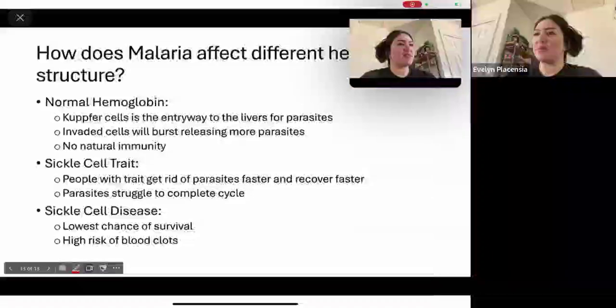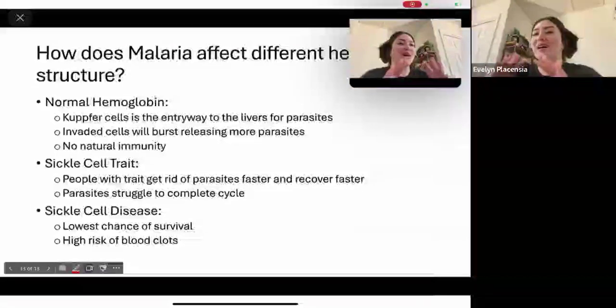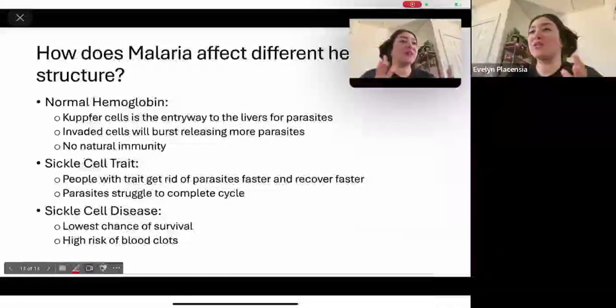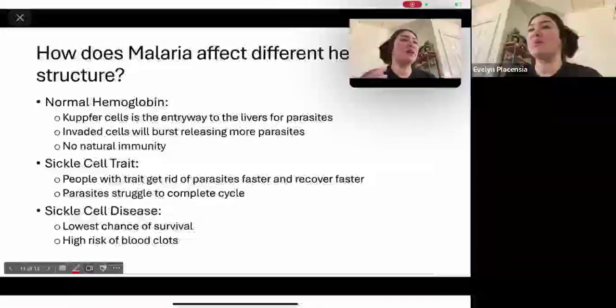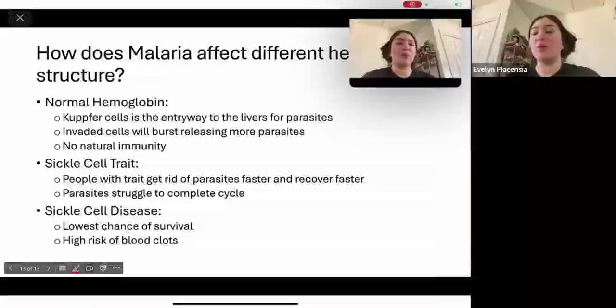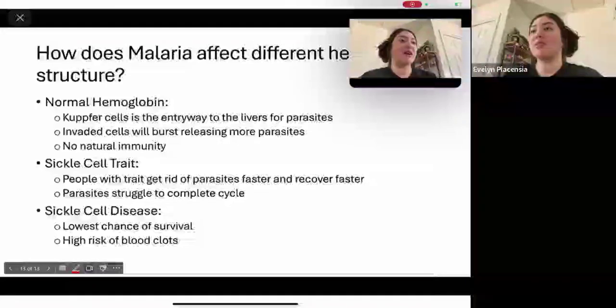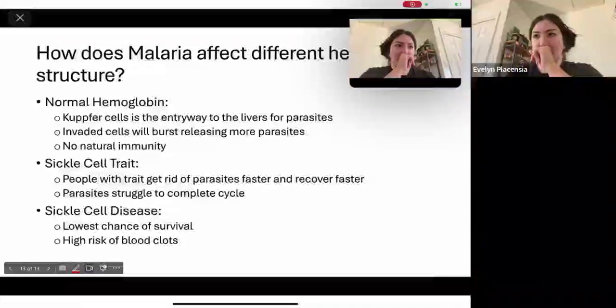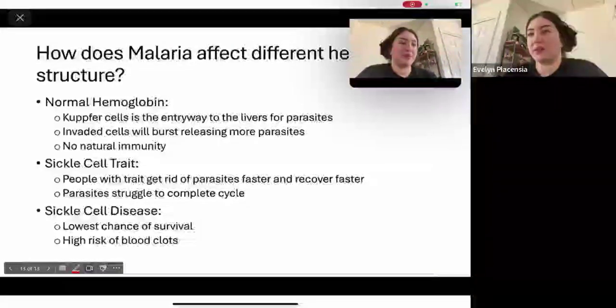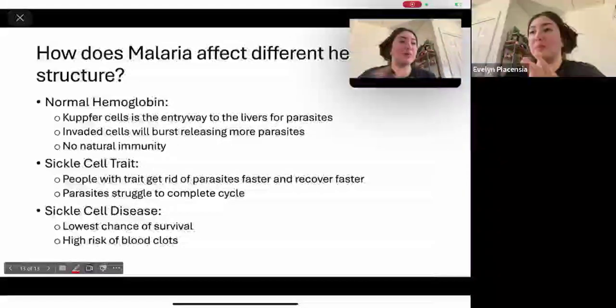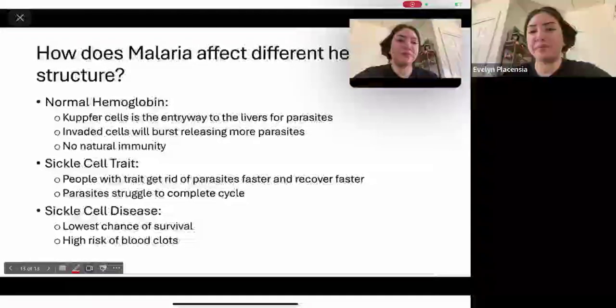And then we have parasites coming in trying to achieve a cycle in these fragile red blood cells. They're going to immediately burst them. And when we're losing a bunch of cells left and right, especially the ones that carry oxygen, we're going to end up with anemia. And on top of that, it's a blood loss.